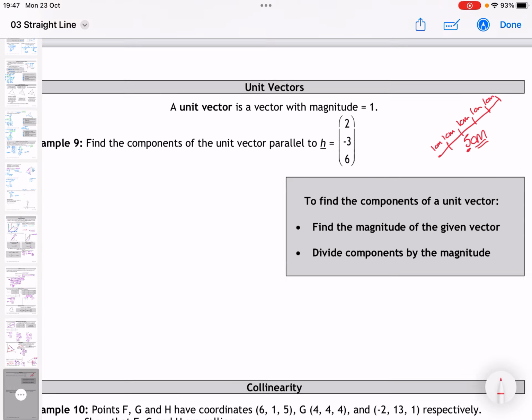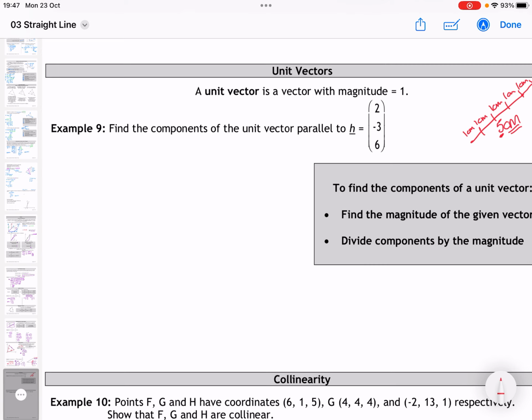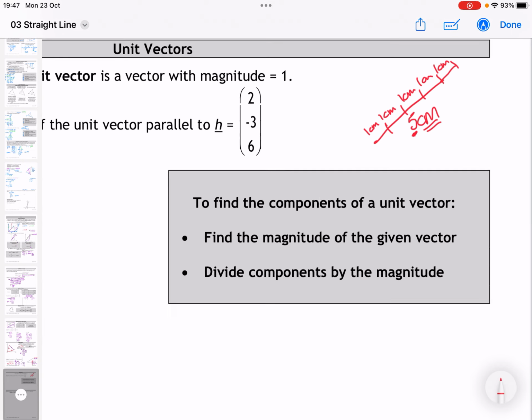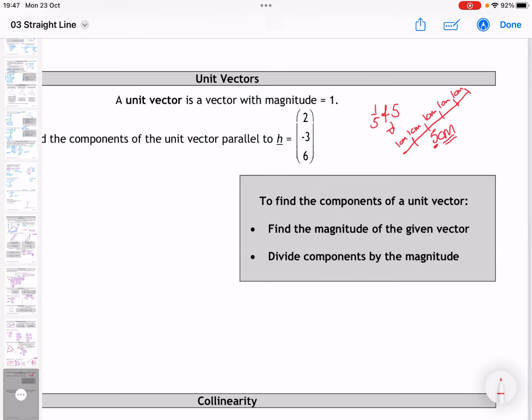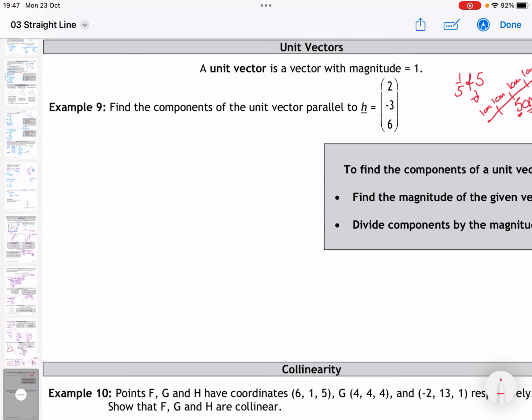So, in order to find a unit vector, on this one, you could also say that that was 1/5 of 5, where 5 is the length, because 1/5 of 5 is 1.